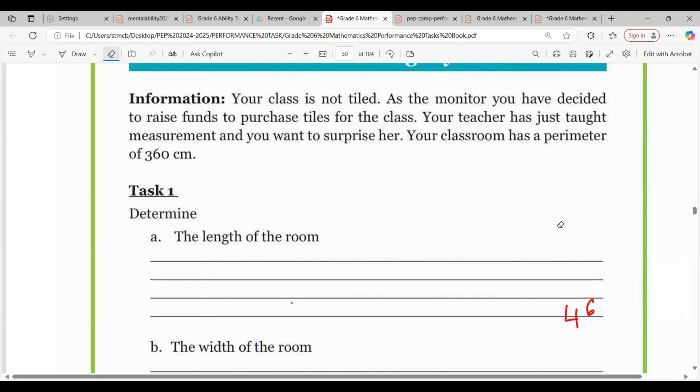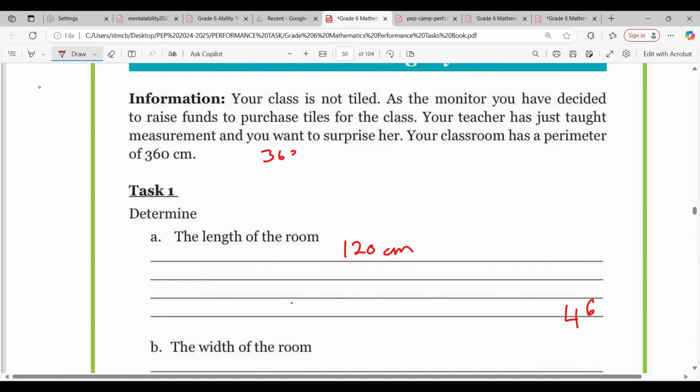So the length would have been 120. So this is what you are expected to do. When they say they want the length of the room, you would only give them the 120 centimeters here. And remember, we said that the entire thing is 360.